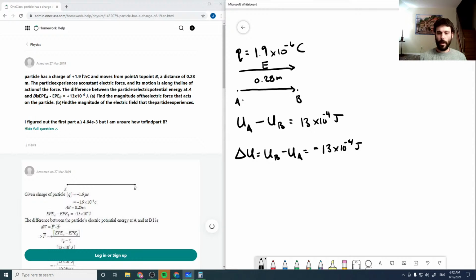So we're asked to find the magnitude of the electric force. I always remember this little square here. So in going from the potential to the force, we take derivatives with respect to distance. And in this case, we can just leave it in one dimension because we're just moving in one dimension.